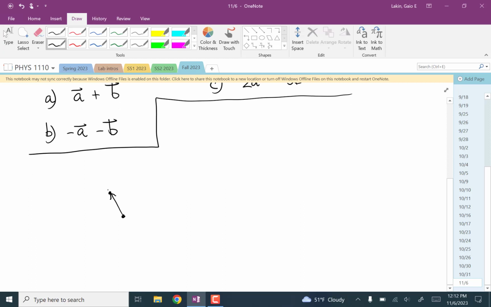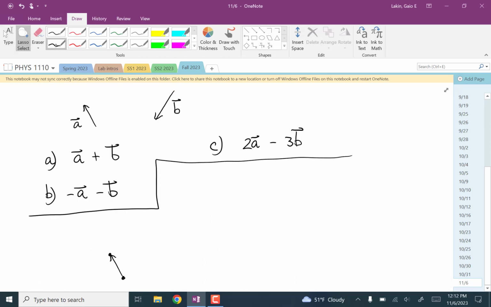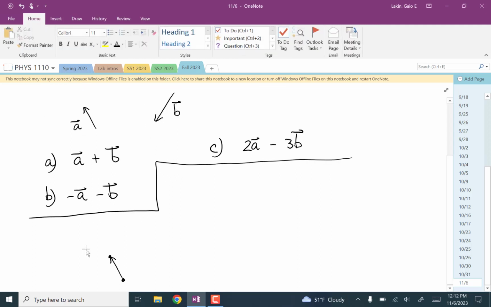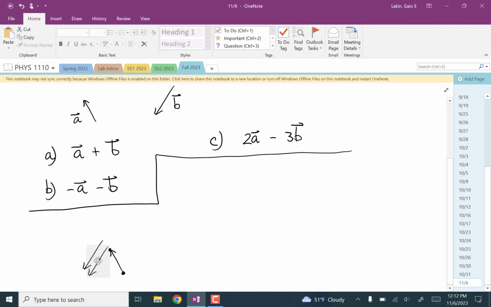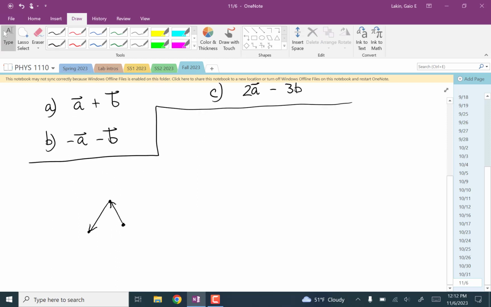Then from there, you take the other vector, and what you have after you do that is a starting point and an ending point, and then that intermediate point with both vectors at it.